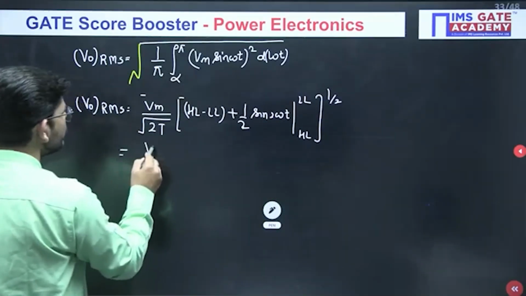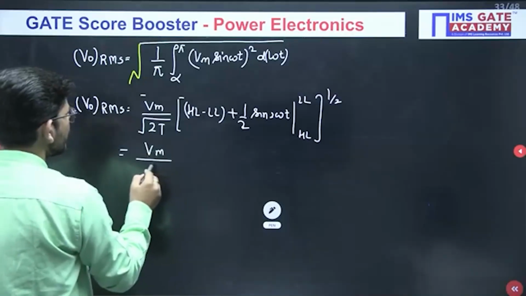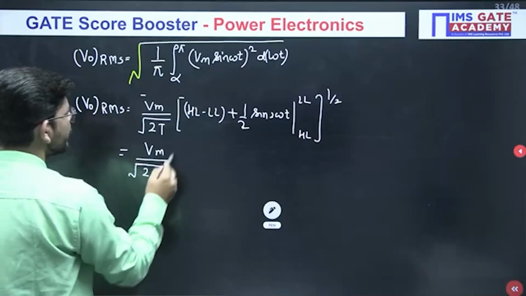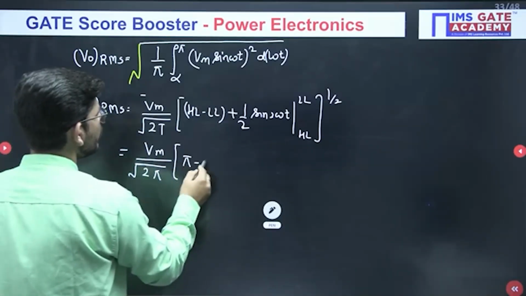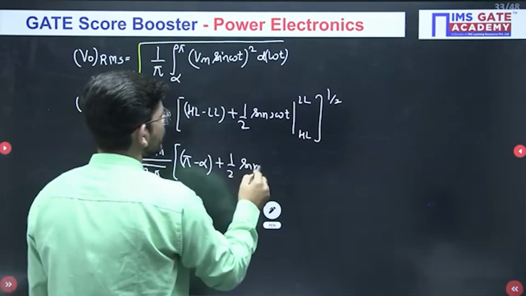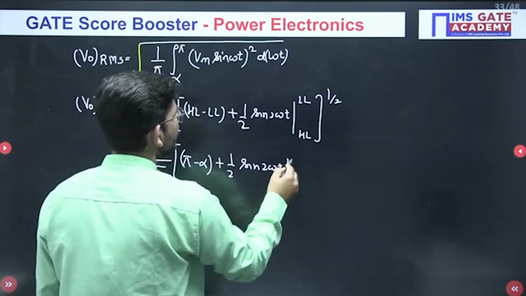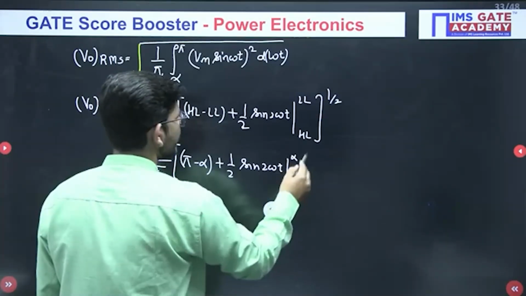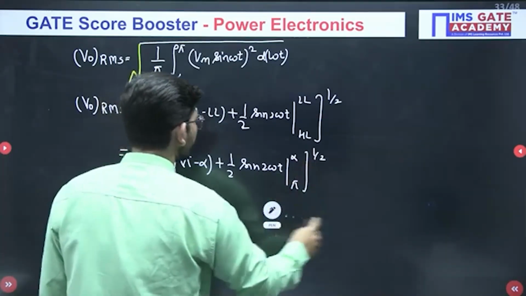Now if you put the values, Vm upon under root 2 into time period, which is pi. High limit is pi, low limit is alpha, plus half sine 2 omega t, lower limit is alpha and upper limit is pi, whole to the power 1 by 2.